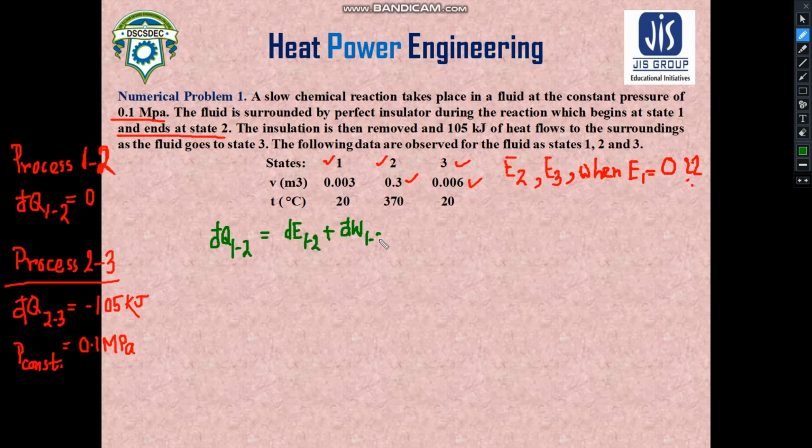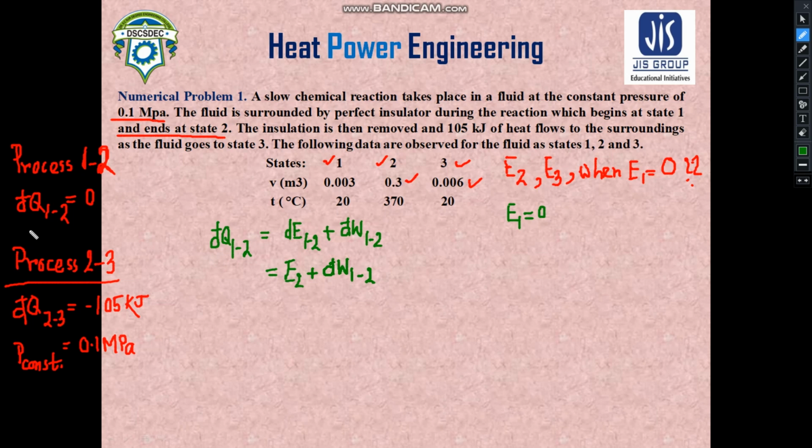Now dE 1 to 2 means E2 minus E1, and E1 is already given as 0, so we can simply write E2 plus dW 1 to 2, that means the work transferred during the process 1 to 2.